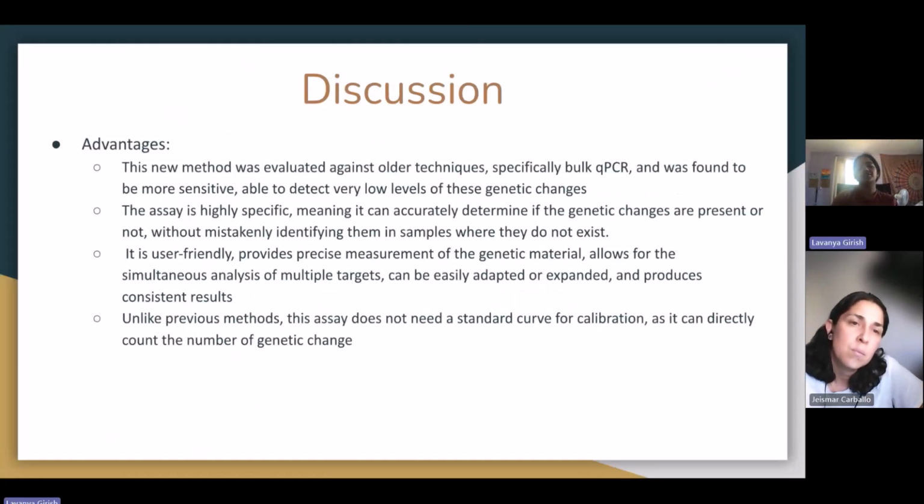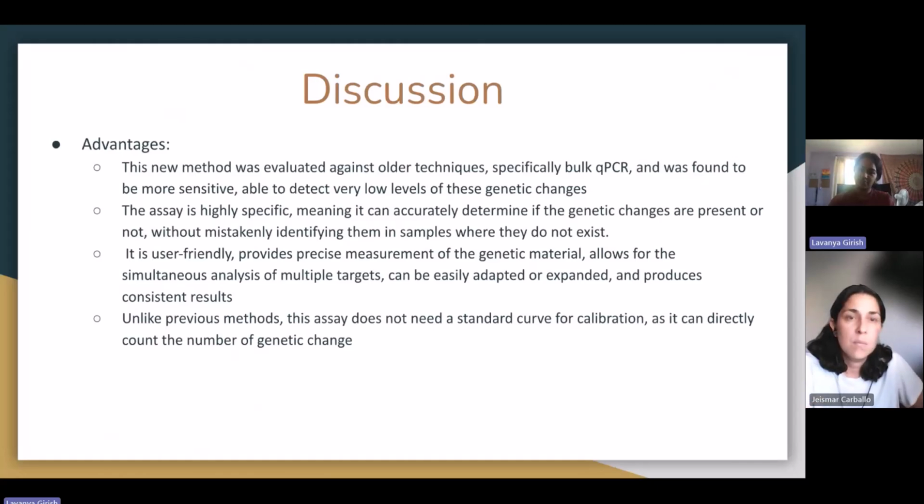So some advantages of this new method that they've tested: this new method was evaluated against older techniques, specifically bulk qPCR, and was found to be more sensitive and able to detect very low levels of genetic changes. This assay is highly specific, meaning it can accurately determine if the genetic changes are present or not without mistakenly identifying them in samples where they do not exist.